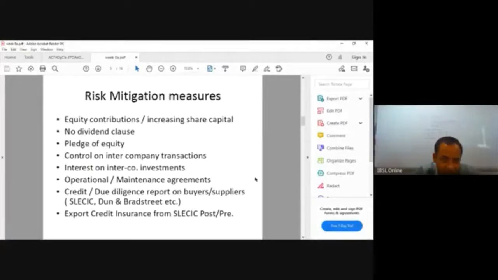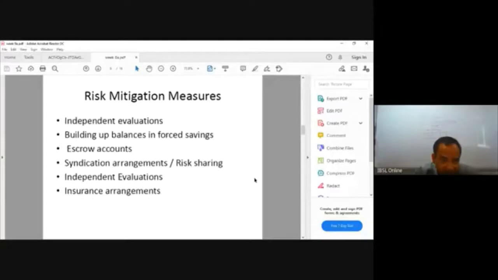So, customer reference, import-exporter reference from SLASIC can be places like Dun and Bradstreet international agencies, and having export credit insurance from SLASIC, right? Independent valuation, and then the lending officer, manager, or RM doing the independent evaluation also.